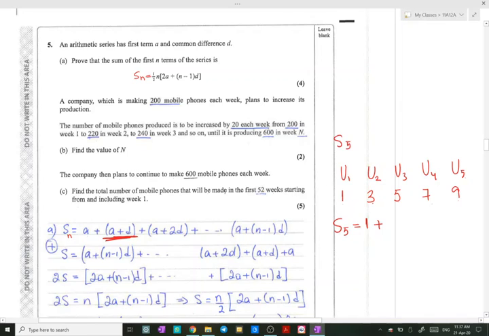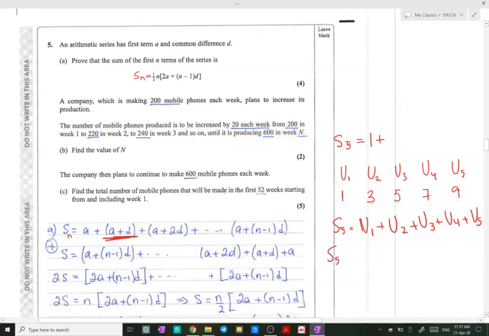S5, 5 terms, is equal to U1, which is 1, plus U2 plus U3 plus U4 plus U5. So this is the sum of 5 terms.